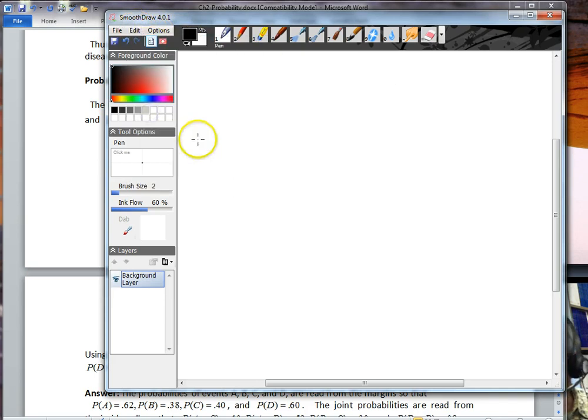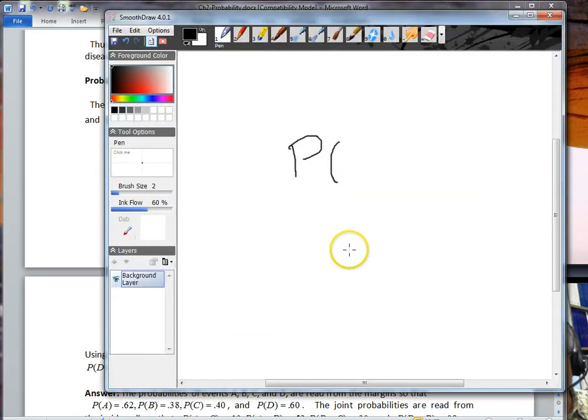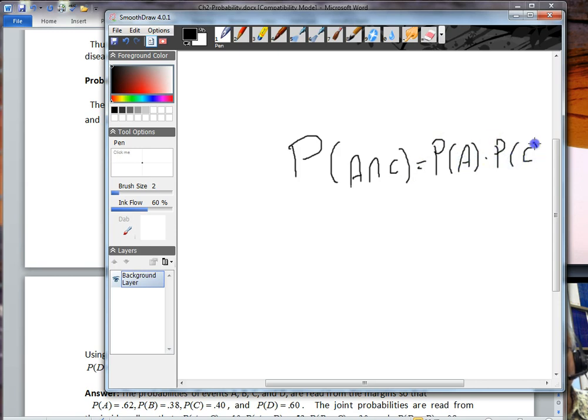Let me just remind you of that relationship here. If you remember that P of A intersection C should be equal to P of A times P of C. Okay, that's what independence means.